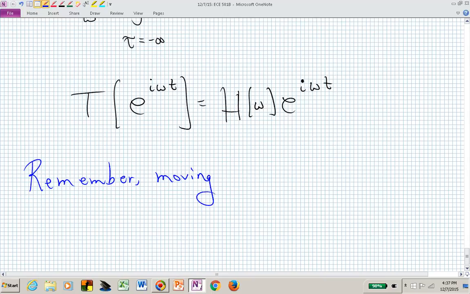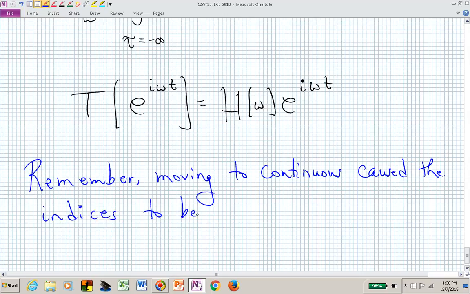And that's because we've been moving to this continuous eigenfunction relationship. Moving to continuous caused those indices sub i on x to become continuous as well.